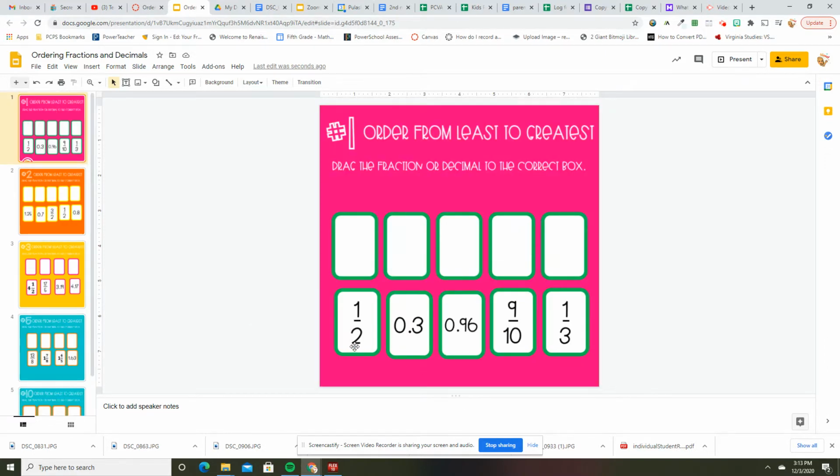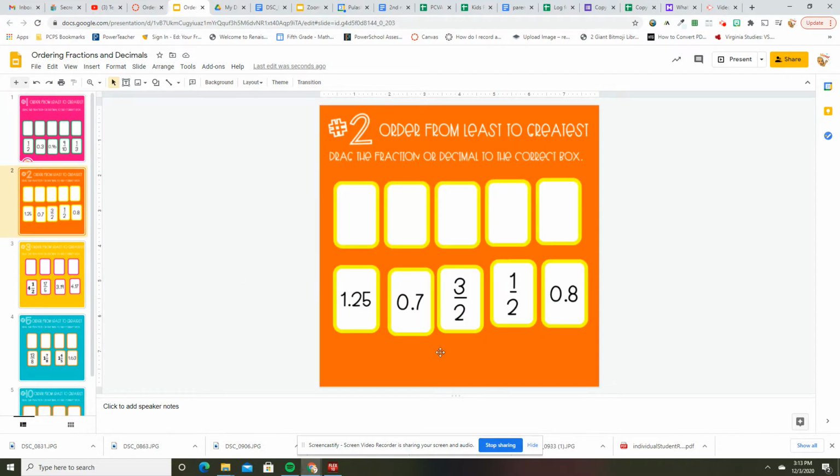I want to just call attention that you're going to have to work these out on paper, possibly if you don't remember what those decimals to fractions are, or fractions to decimals. Now, here's where it gets a little tricky, okay?